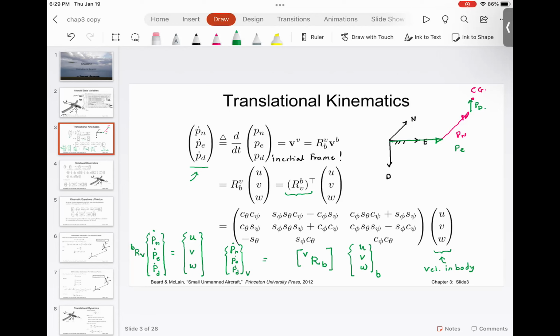And that transformation is nothing but the 3 successive rotation matrices that we studied.